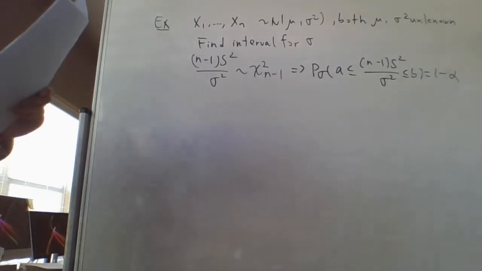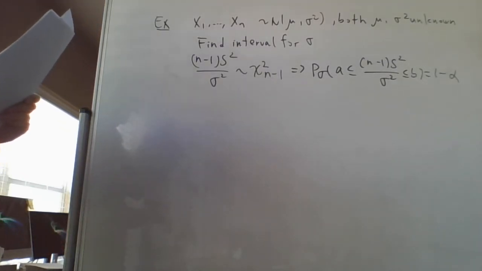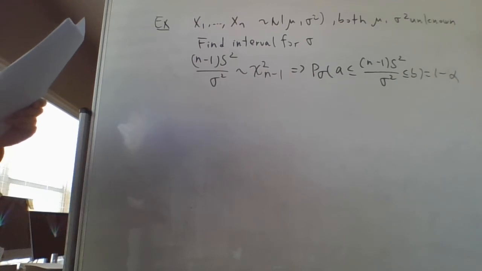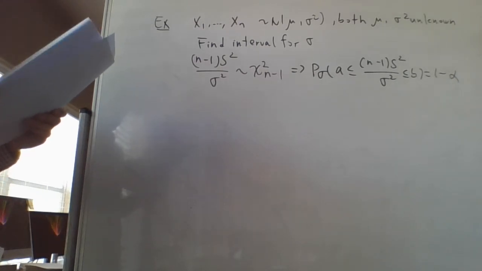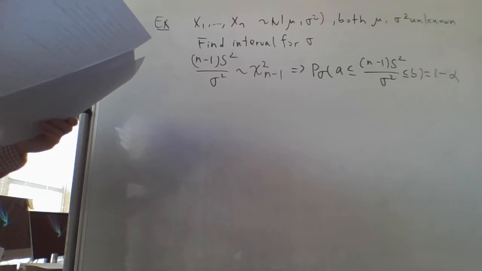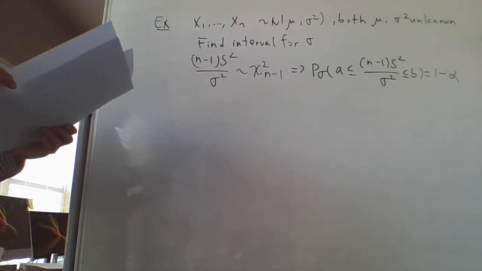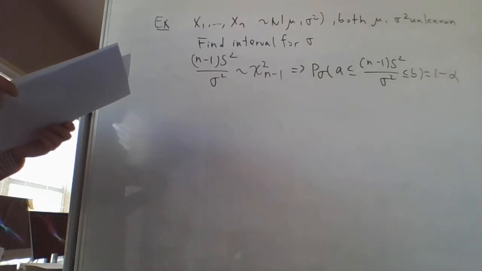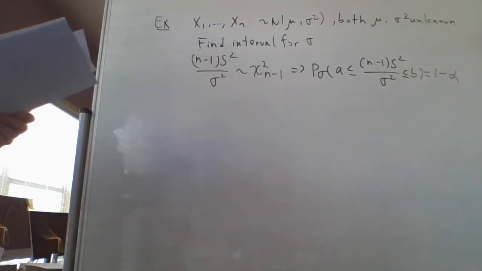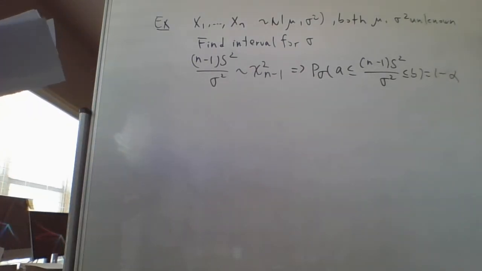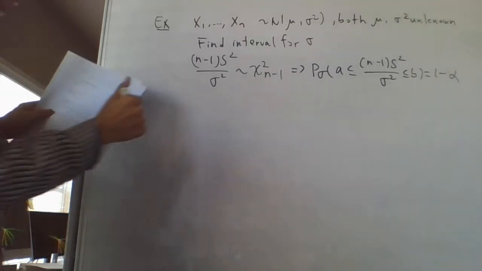This implies the probability that n minus 1 times s squared divided by sigma squared is greater or equal to a and less than or equal to b is 1 minus alpha. Then we can use the fact that the pivotal quantity has a chi-square distribution with n minus 1 degrees of freedom, which does not depend on sigma. So you can get that.